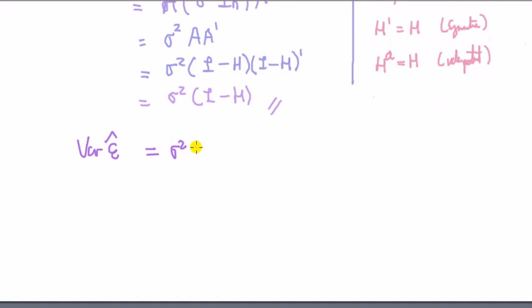If I start to do that, this here has 1s on the diagonal, 0 off the diagonals, by definition.